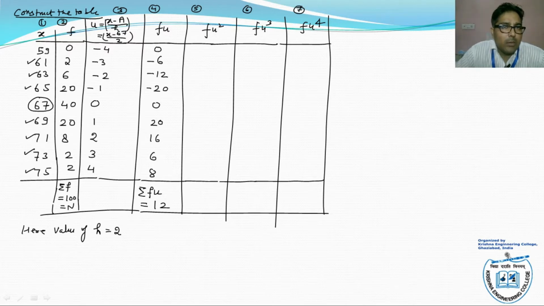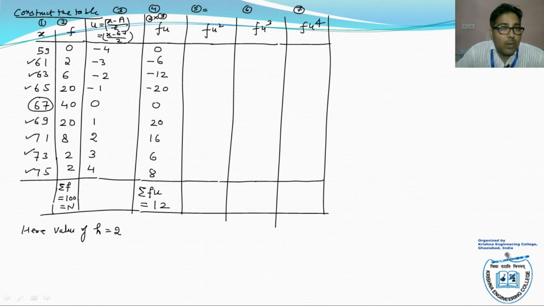This was the product of column 2 into column 3, and column 5 is fu square. Fu square means we already have the value of fu, and the product of u.